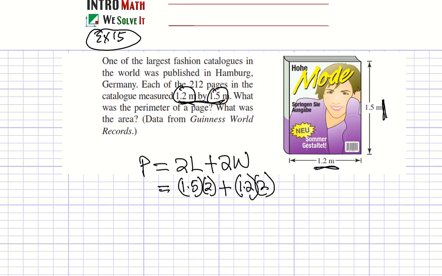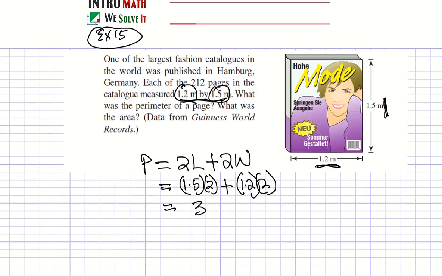It really doesn't matter which one, because you multiply each by 2 anyway. I hope you see what I'm doing, right? Because you want to get the perimeter first.